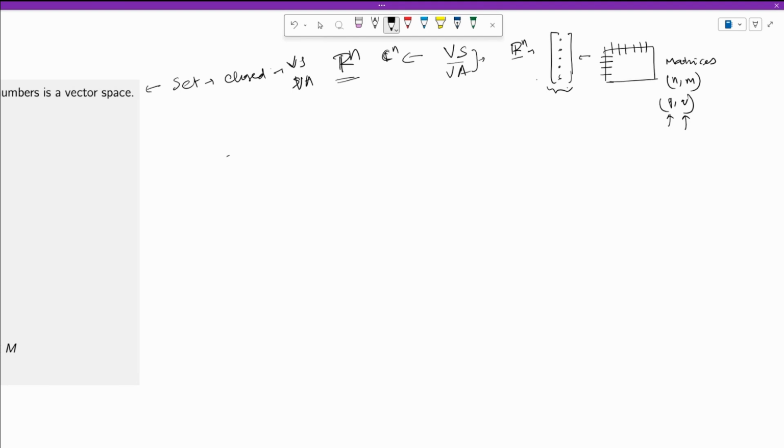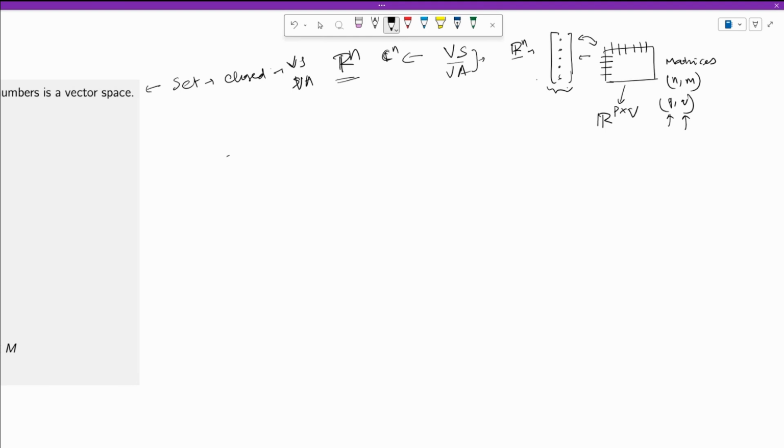Now, if you have an arrangement of numbers like this, let's say all of them are real numbers, then you would say this is a set R^(P×Q). That's a representation of the set of all matrices with real numbers with P rows and Q columns.